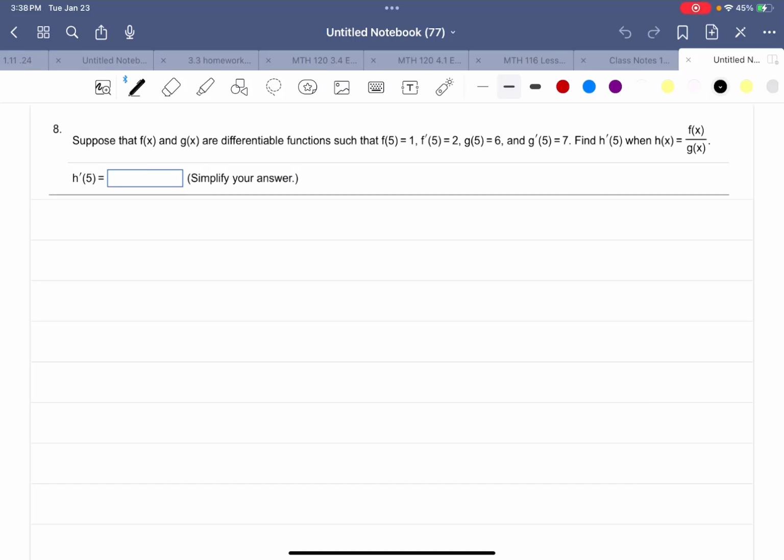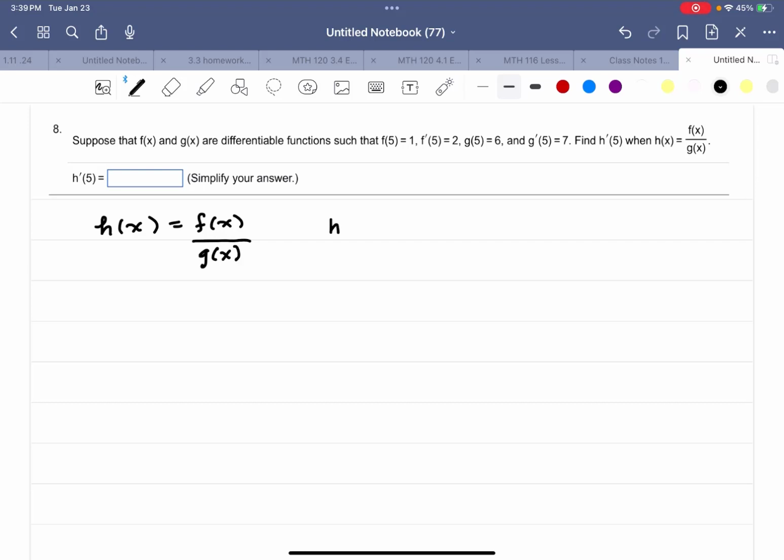Example 8. Suppose that f of x and g of x are differentiable functions such that f of 5 is 1, f prime of 5 is 2, g of 5 is 6, and g prime of 5 is 7. Find h prime of 5, where h of x is f of x divided by g of x.